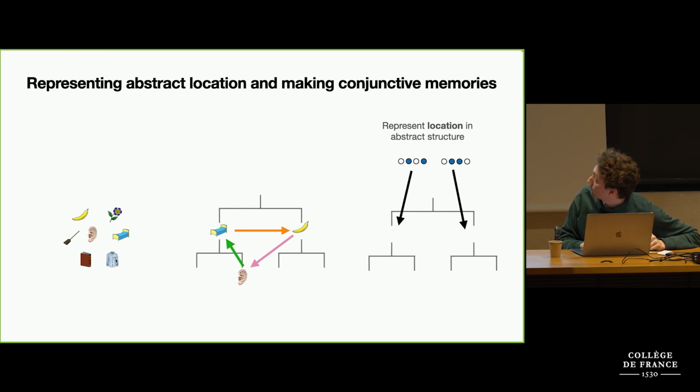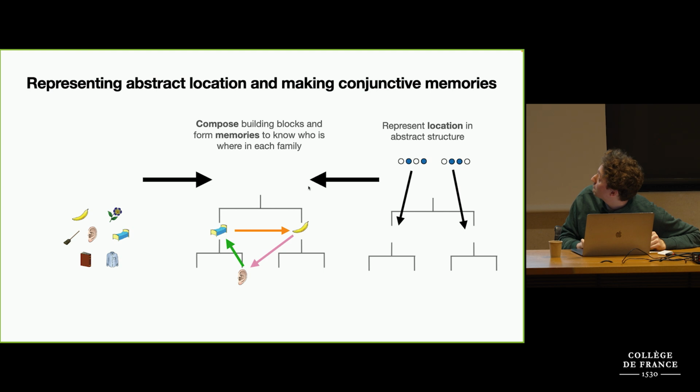Then we also need to represent objects in the world. So we need to represent these two things, but critically we need to be able to bind them together so that we can understand any one particular family. So I need to have some binding operations so that I can remember who goes where in each family. So in case I need to remember the banana is the aunt of the ear in this case.